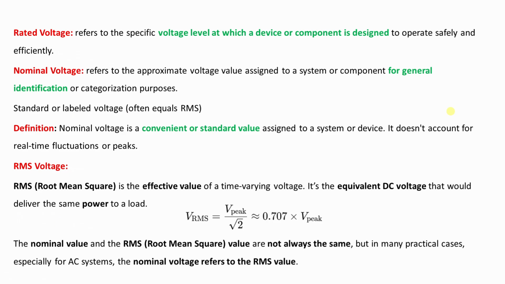Now come to the rated voltage. What is the rated voltage? You will see that this equipment will work for this rated voltage and rated power. The equipment manufacturer assures that his manufactured component is designed and will operate safely and efficiently at that particular rated voltage.